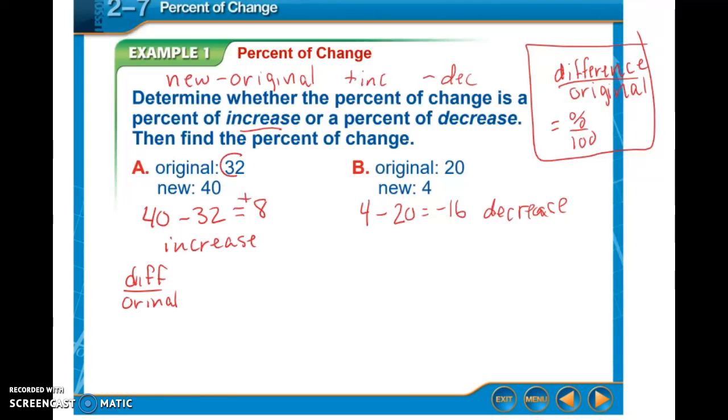So the original is where we started. Another I. Equals percent over 100. So the difference is 8. The original is 32. And that equals x over 100. So when we cross multiply and divide, you get 800 equals 32x.